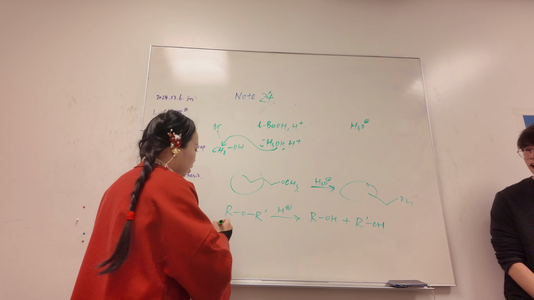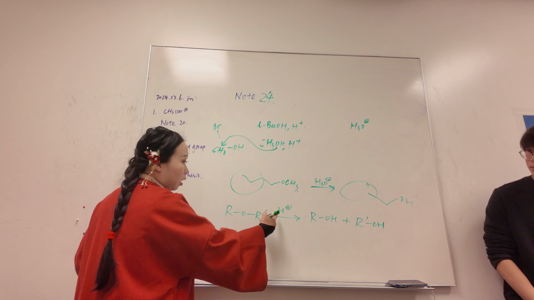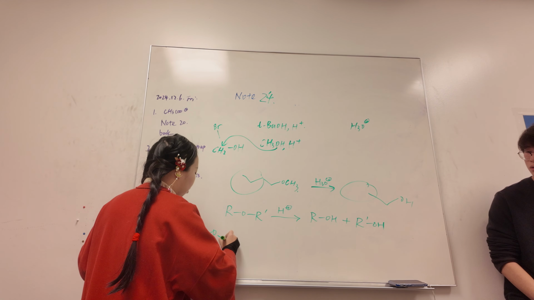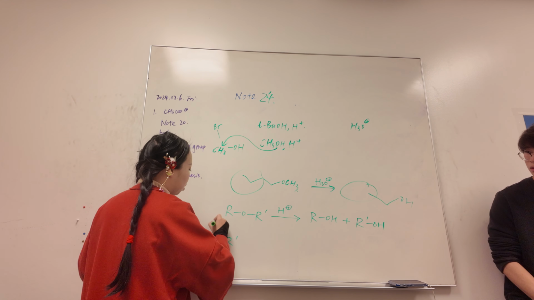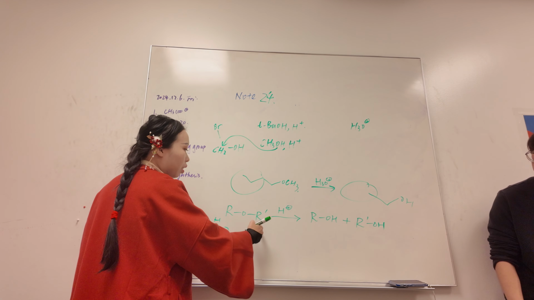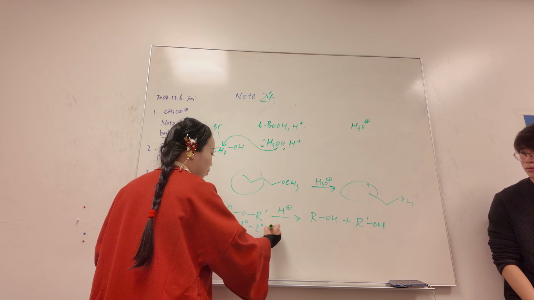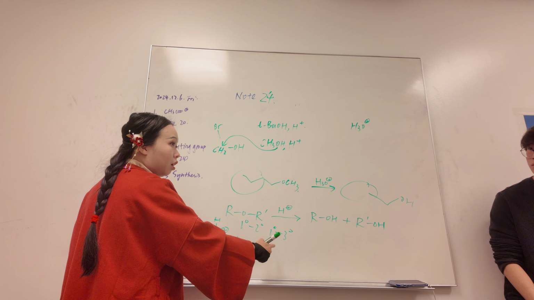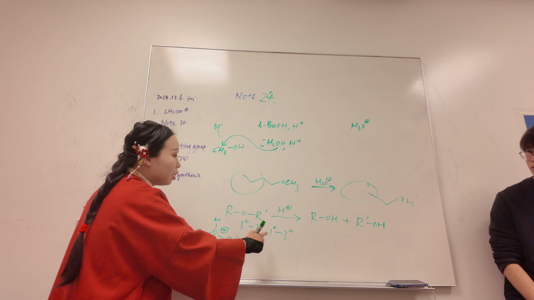We use a non-nucleophilic acid. So you have the R prime protonated first, and then didn't we talk about this, primary or tertiary? Yesterday. It's also on today's table, right?